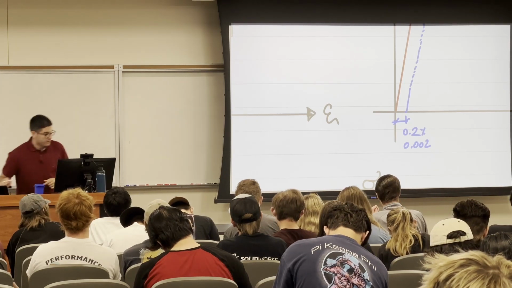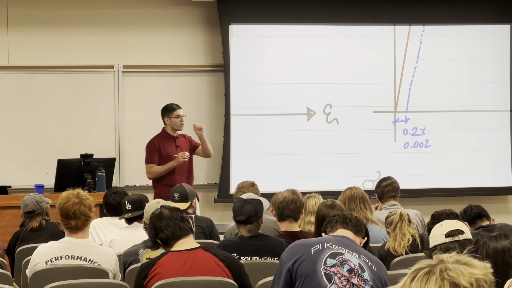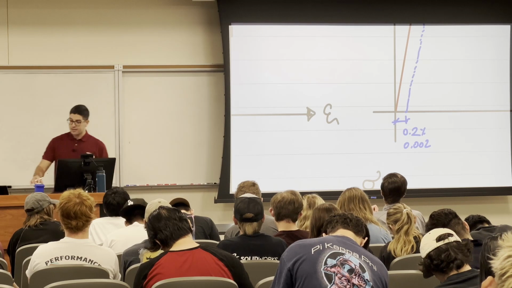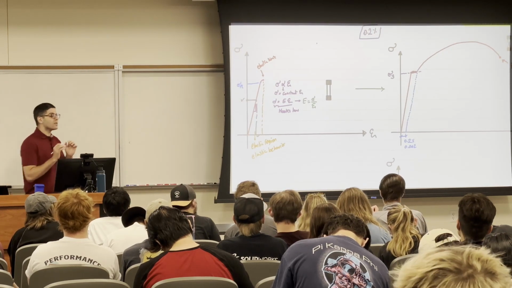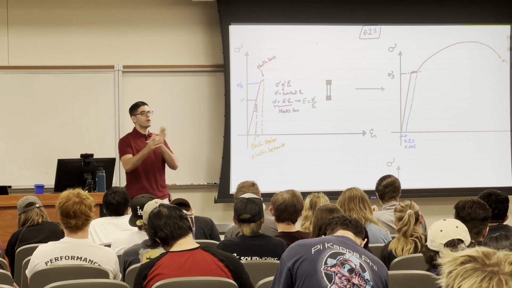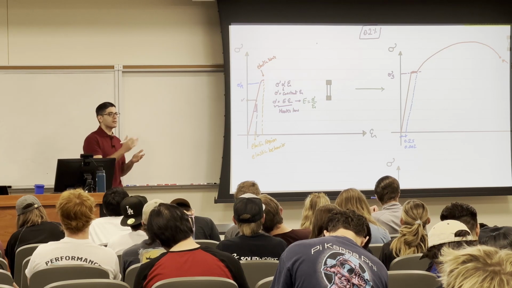I don't have my calculator on me. Okay, so you understood now, right? Elastic limit: if you unload at that point, you will not have any permanent deformation. But if you unload at the yield, you're going to have a permanent deformation of 0.2% for steel and metals. For polymers, we will have a 1% permanent strain.